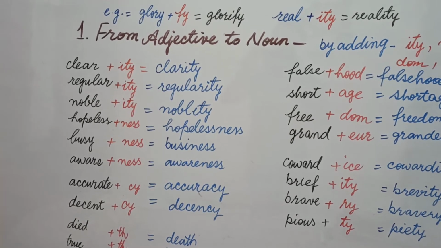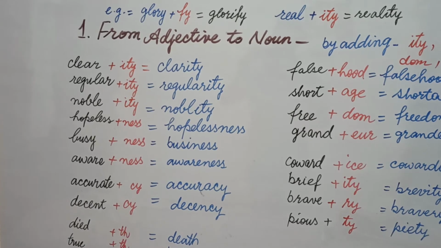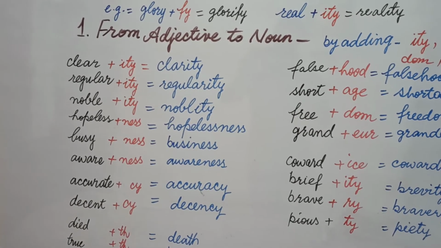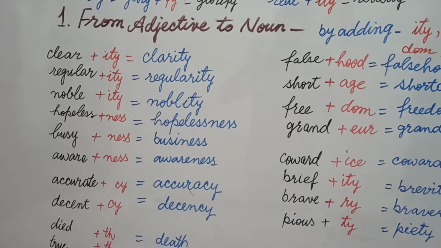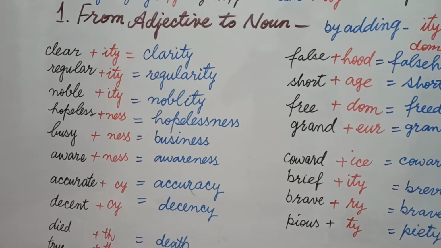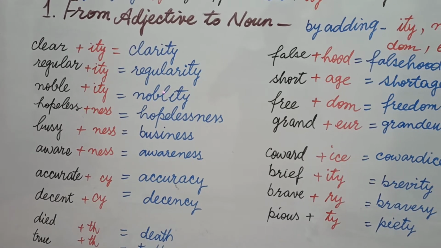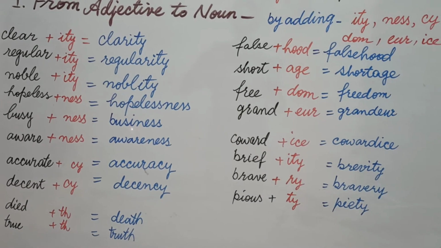And you will have to consider, students, where we use ty, ity, ness, cy. Each word has its own spelling, because we can't use them everywhere in the same way.